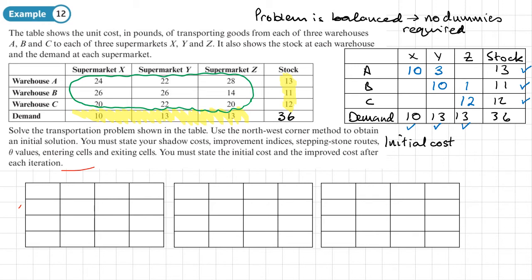cost, and it's going to be 10 times by, well, actually let me highlight the cells so it's nice and easy. So we're using up stock here, here, here, here and here. Okay, let's rub the others out so we can just see the things that we're looking at.